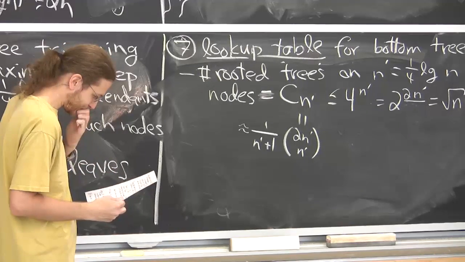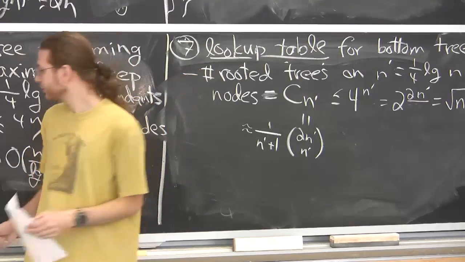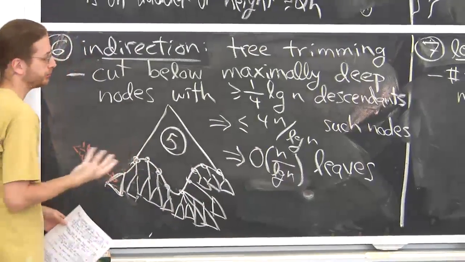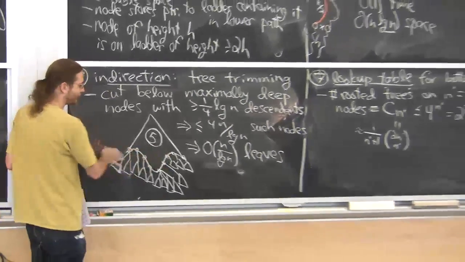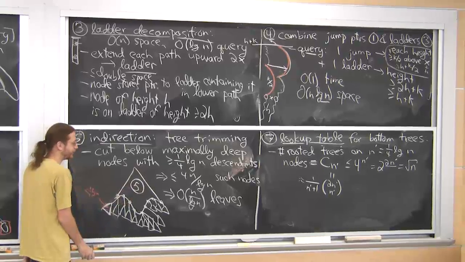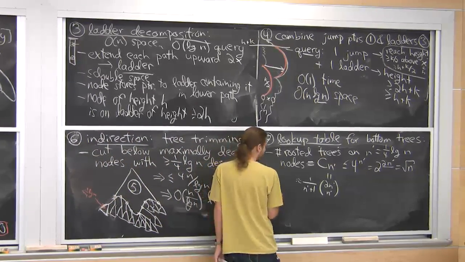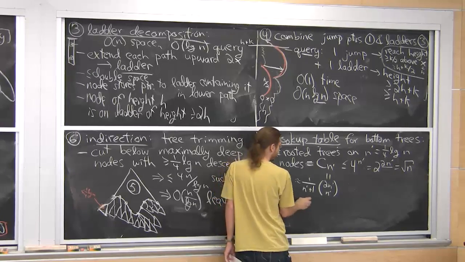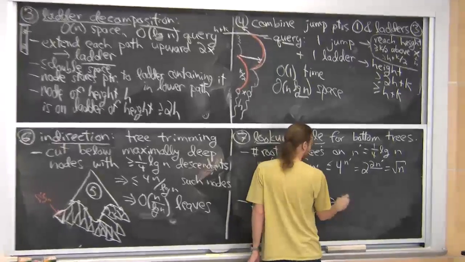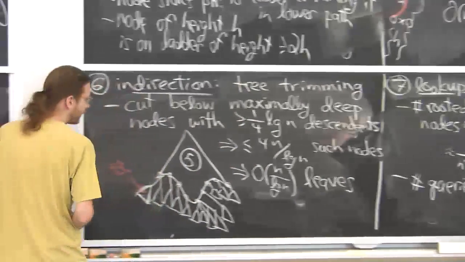Cool. So we're almost done. We have root n possible different structures down here. We've got n over log n of them, or maybe, I don't know. It's a little harder to know exactly how many of them there are, but I don't care. There's only root n different types, and so I only need to store a lookup table for each type. The number of queries is order log squared n again, because our structures are of size order log n.